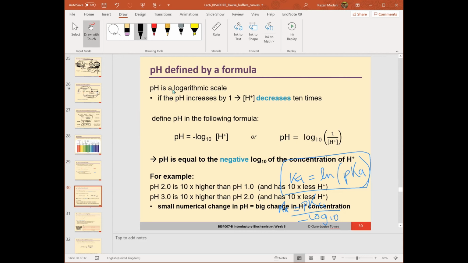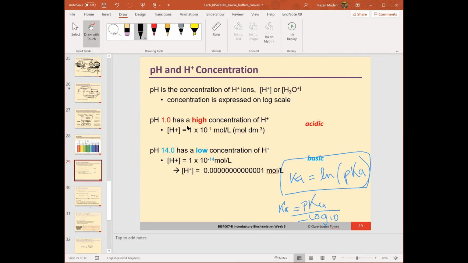So pH is a logarithmic scale. If the pH increases by 1, the hydrogen concentration decreases 10 times. So remember, when we say we go up, that means hydrogen concentration is going down, right? Like we said here, if the pH number is very high, that means it has low concentration of H+.